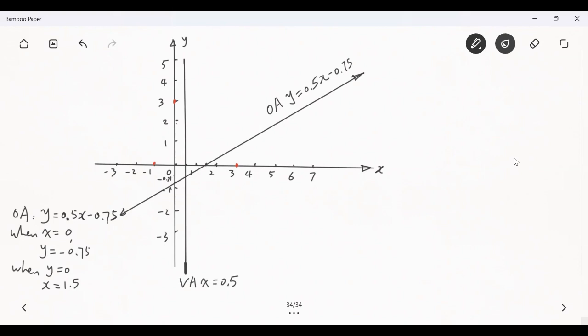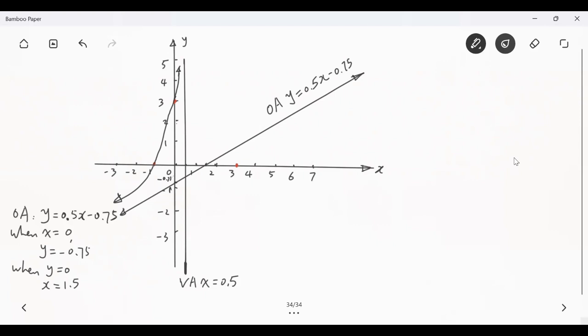Let me check the left side of the curve. The left side passes through negative 1, 0 and 0, 3, right? We can see the left branch, the left side.